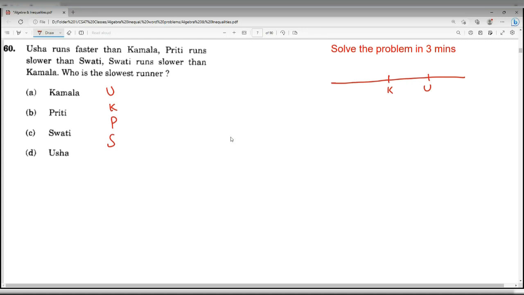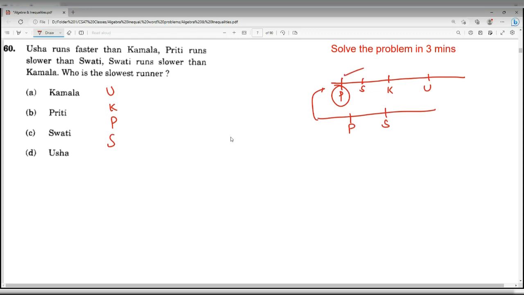You can draw one more line and then combine these lines together. Preeti runs slower than Swati, Swati and Preeti. And then Swati runs slower than Kamala. Kamala is here, Swati should be less than Kamala, and Preeti should be less than Swati. So I have combined these here. So Preeti has the lowest speed, is the slowest runner.